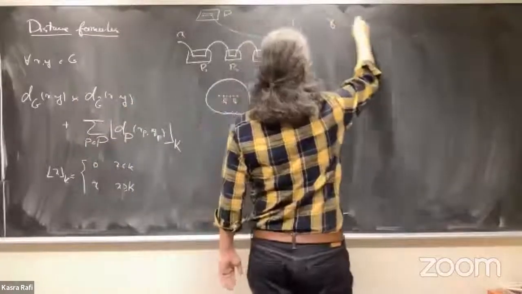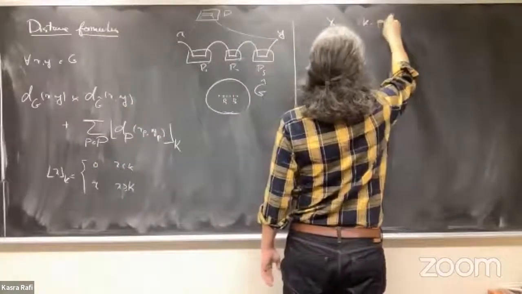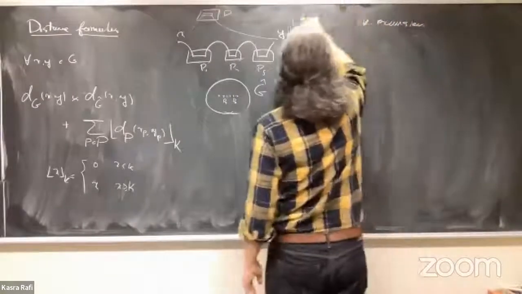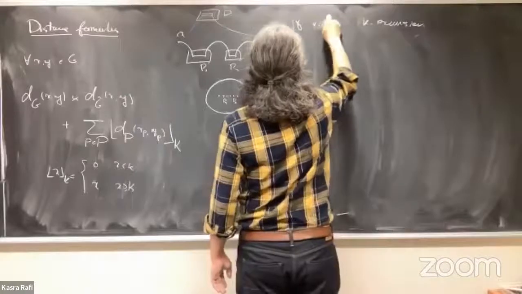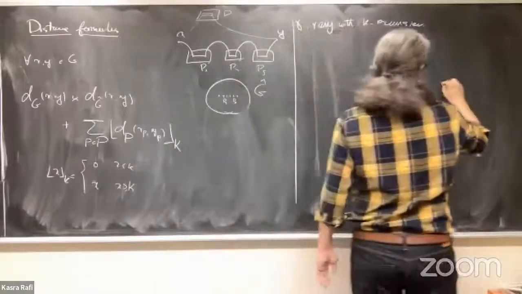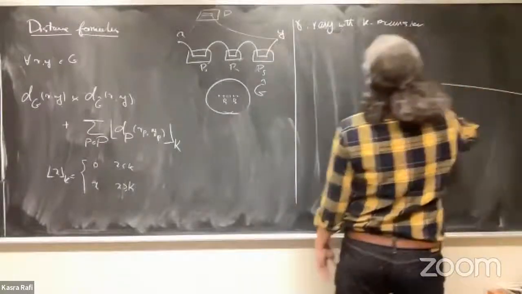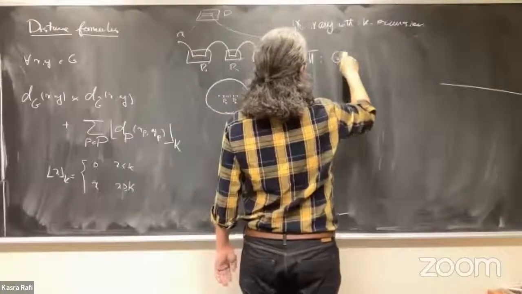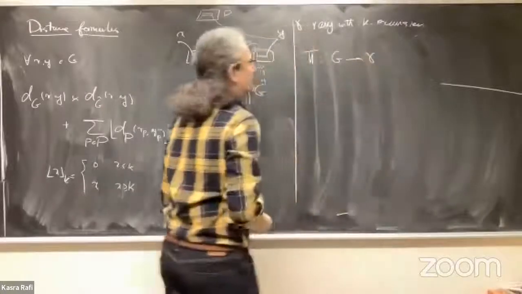Okay, so let's say gamma has this kappa excursion. Gamma is a ray. Kappa excursion, so that's the picture of that. I define a pi from G to gamma as follows.